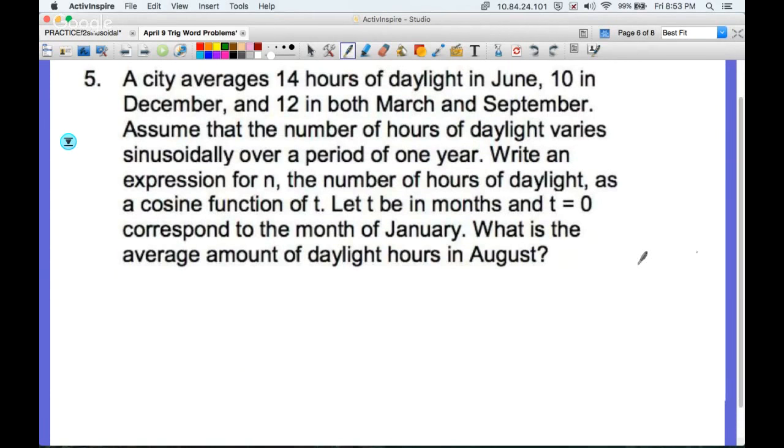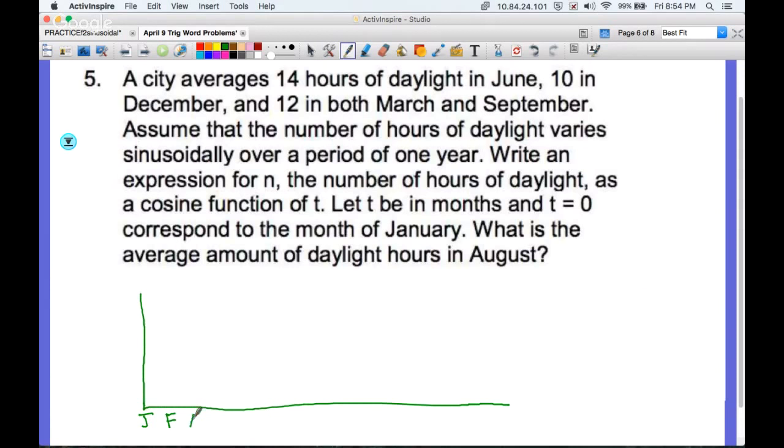All right, let's graph this to the best of our ability. My y-axis will be hours of sunlight. The x-axis is the month. It says January is 0, so I'll put a J here, right at 0. And then I'm just going to start listing off my months the best I can remember.